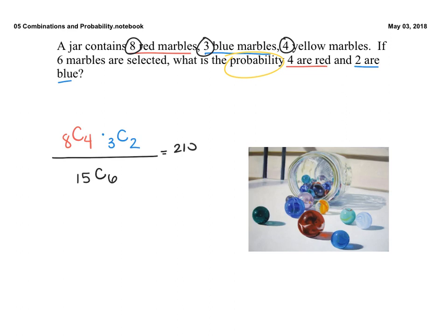And then 15 choose 6 is 5,005. And then I'll divide those two. I get 0.042 if I were to round it. Okay, all done with that one.